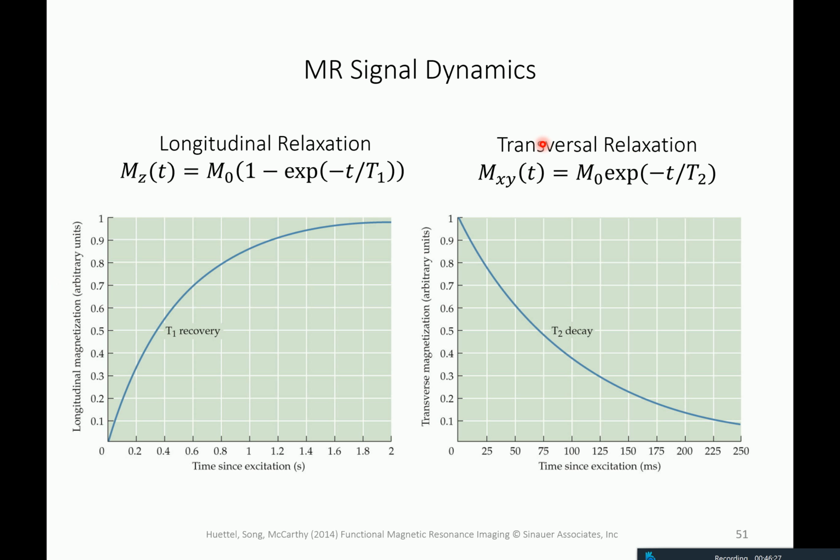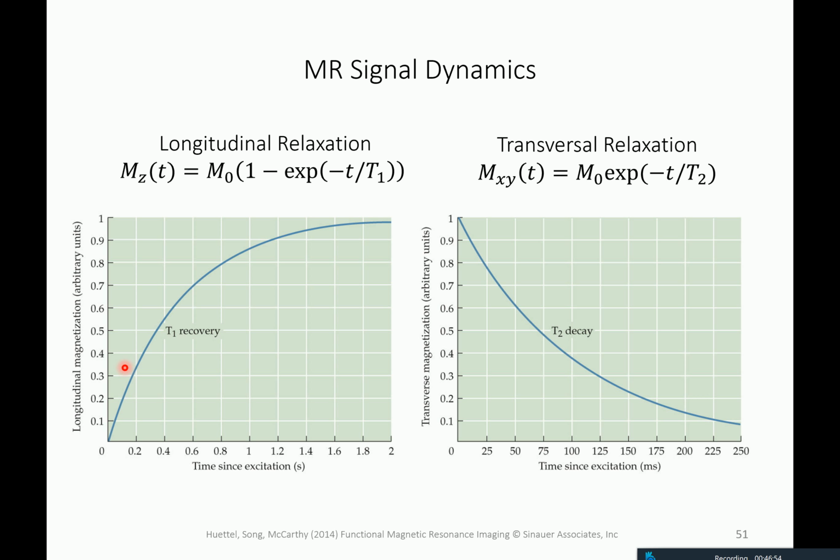And here you have the amplitude of the x and y coordinates of this 3D vector, denoted Mxy, where we only look at the amplitude, we don't look at the rotation. The amplitude, which can be measured from the x and y coordinates, gets lower.